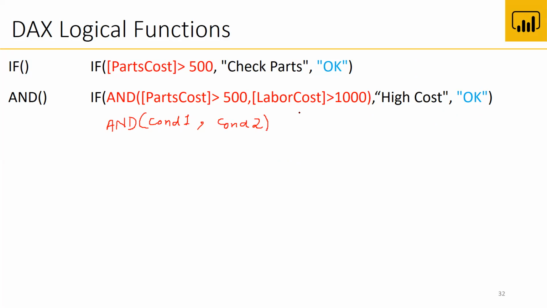High cost will be assumed only when both conditions are fulfilled, because these two conditions are joined with the AND operator. So the AND operator means both conditions must be true to run the true condition's expression.